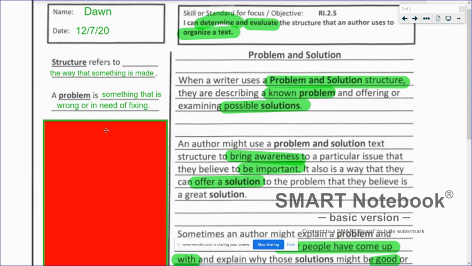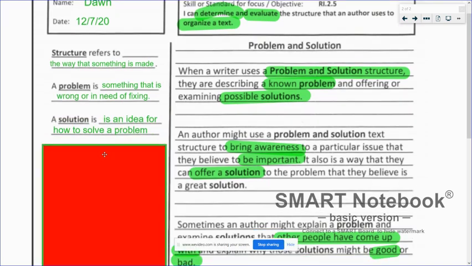You can pause the video if you're still writing that piece. I'm going to move on to the solution. A solution is an idea for how to solve a problem. Add that.